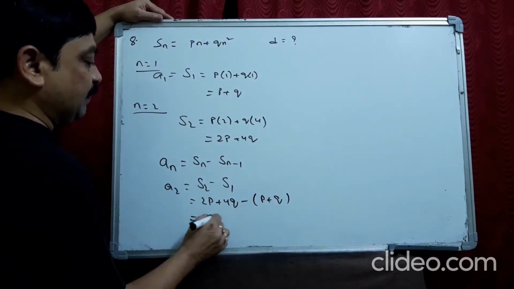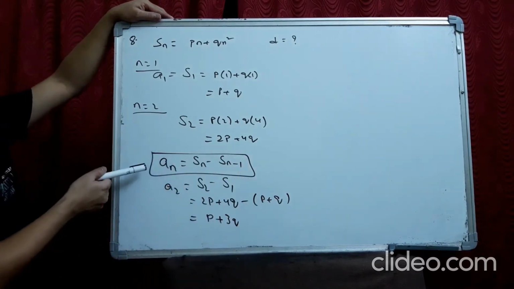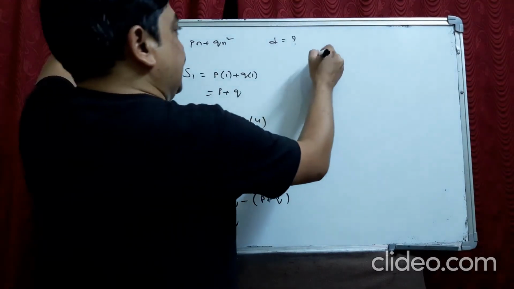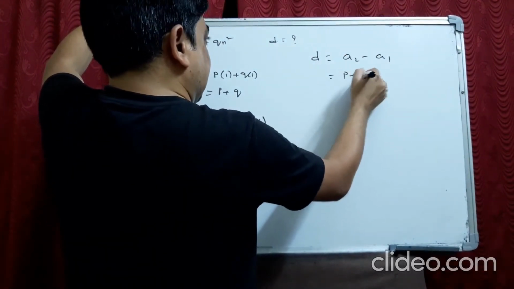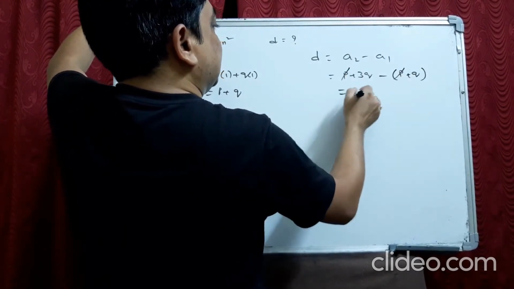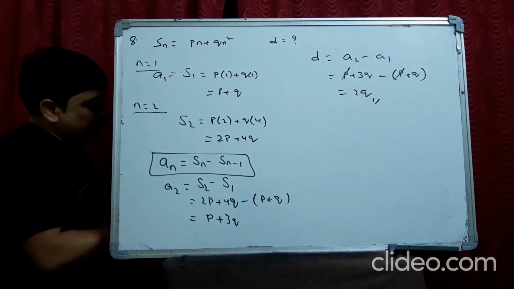It becomes P plus 3Q. This is the basic formula which was there in your 10th grade also. Okay. So a2 is P plus 3Q. And we need d. d is nothing but a2 minus a1, P plus 3Q minus (P plus Q). P gets cancelled, it becomes 2Q. Exactly.